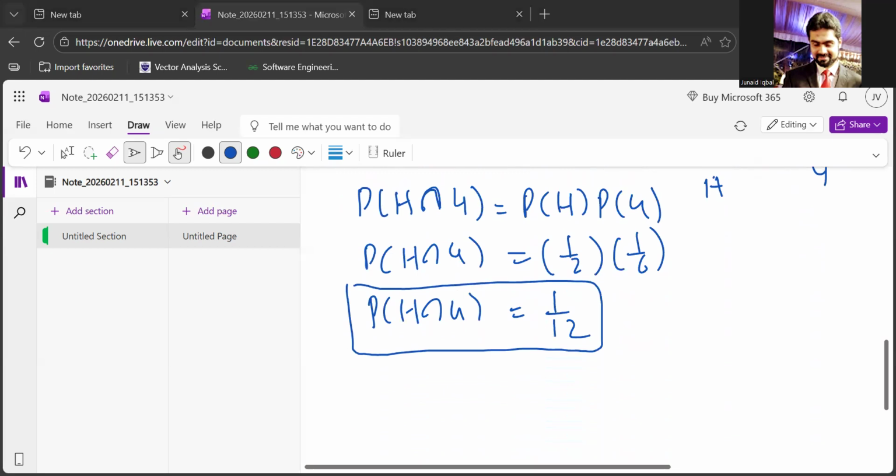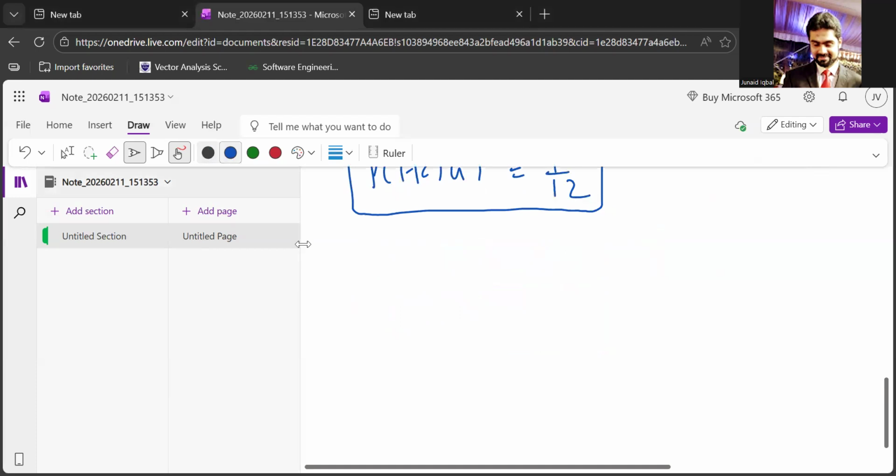Okay, so let's take one example. Let's say we have a bag which has 6 blue marbles and 4 red marbles.